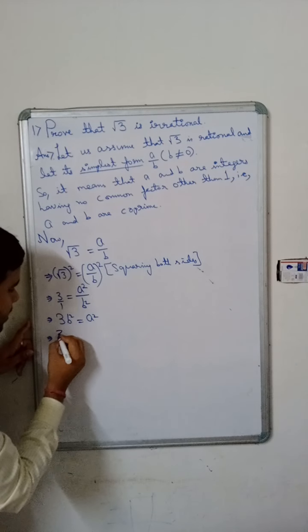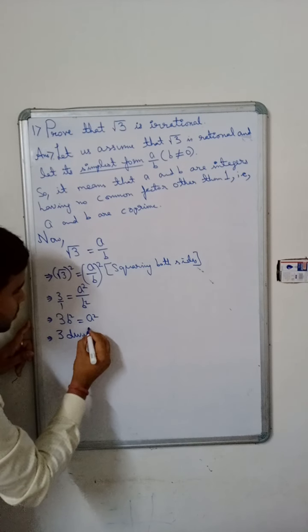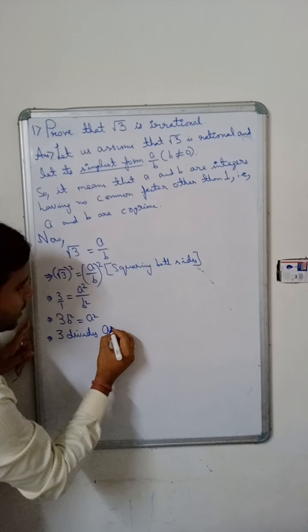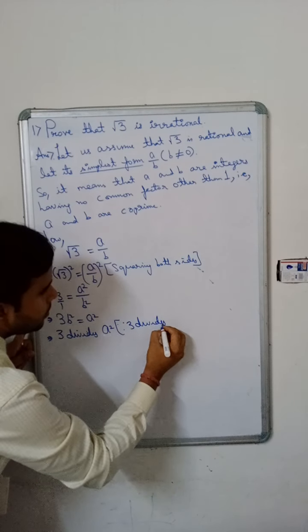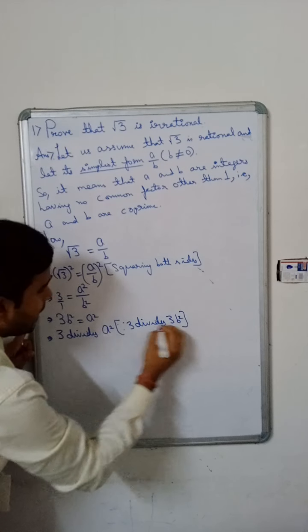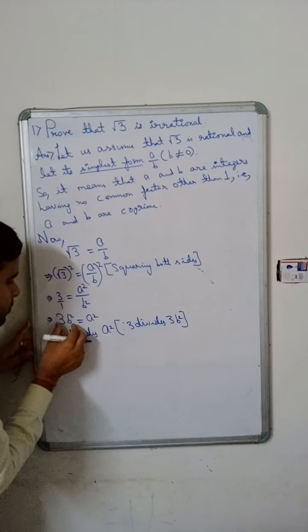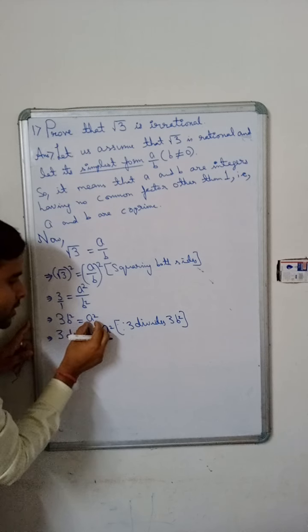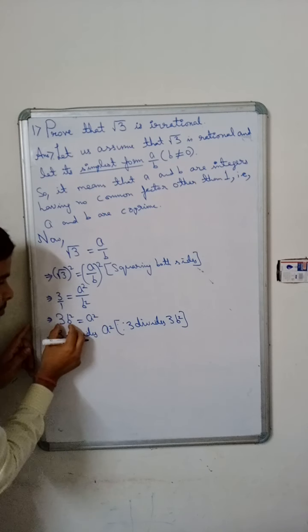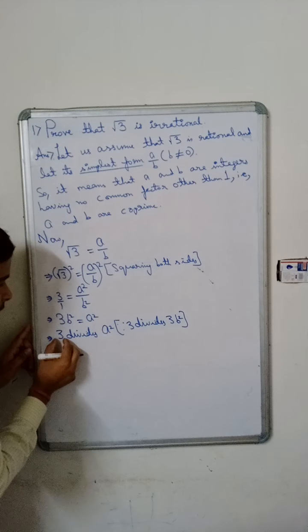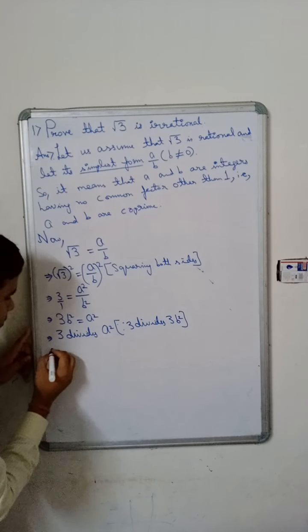So in the next step we can say that 3 divides a square. The reason is, since 3 divides 3b square, and as both are equal, if this is divisible by 3, obviously the right hand side will also be divisible by 3.